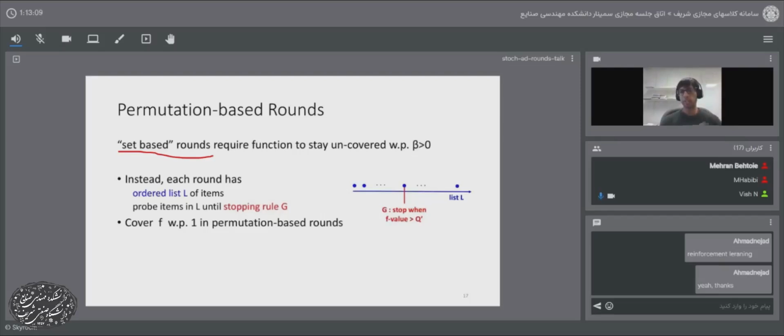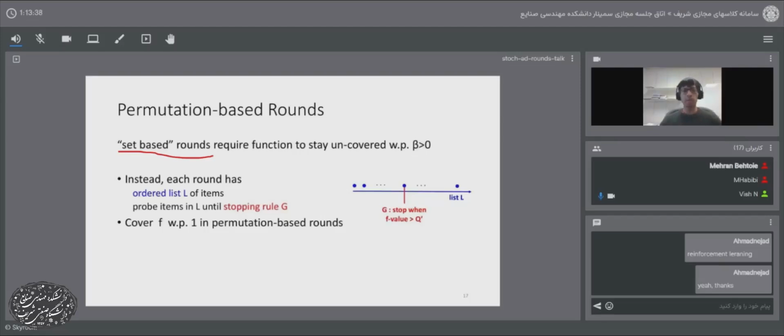Because if you imagine that there's just a single round, then you fix your decisions up front, but there is always going to be some positive probability that your function will not be covered. And there's nothing you can do as a recourse action after that. So you will need to allow the function to remain not fully covered with some probability.